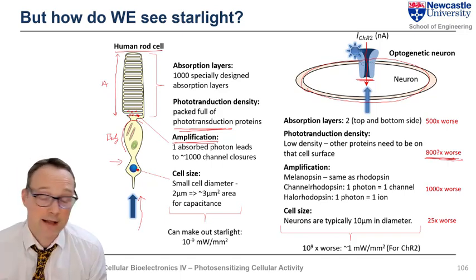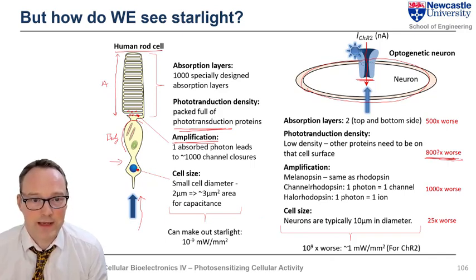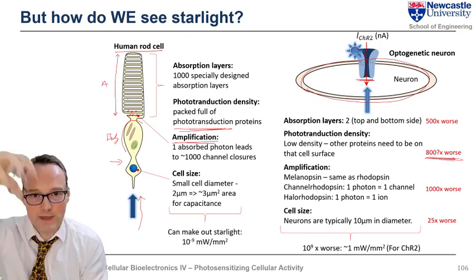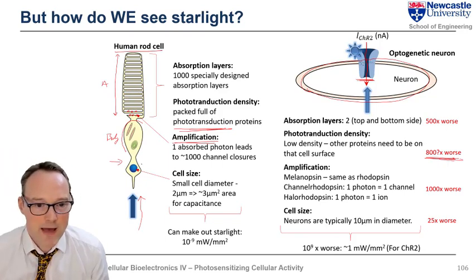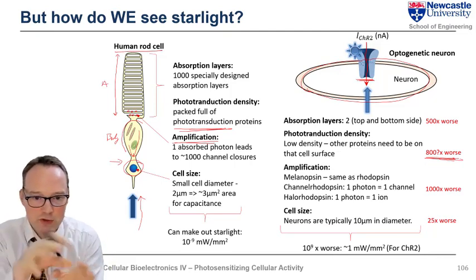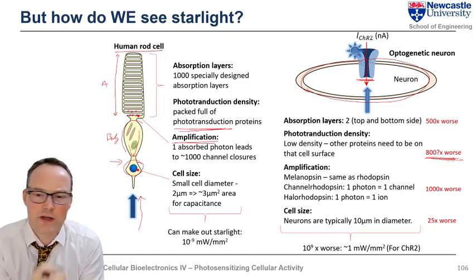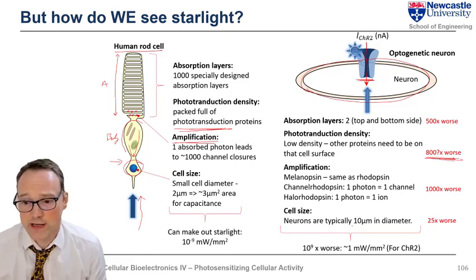And then finally, the cell size. All of the inputs from these outer areas will stream down. You've got the pumps, and then this hyperpolarization effect. So it all streams down to a small cell diameter, which is about 2 or 3 microns, whereas in the case of neurons, the diameter may be 5 or 10 microns.